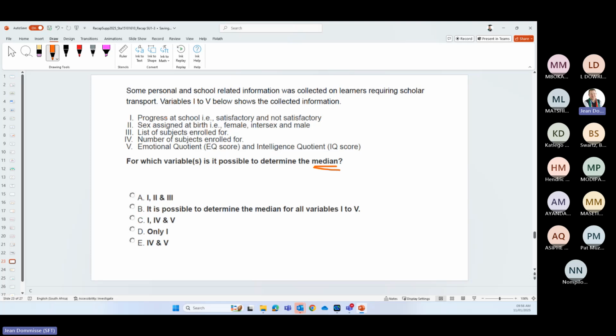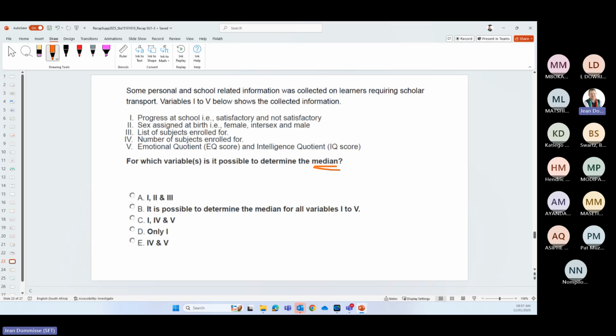Okay, progress at school. Example, satisfactory and not satisfactory. Is it possible to work out a median for that? Okay, so I would say yes, because the one that has the most numbers is the median.